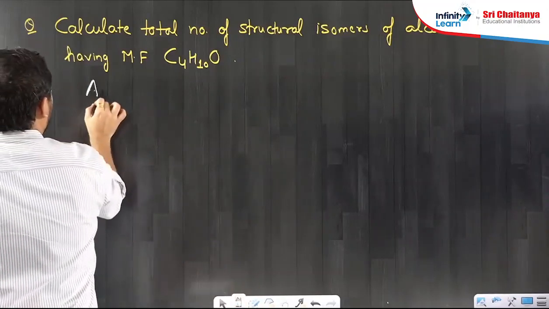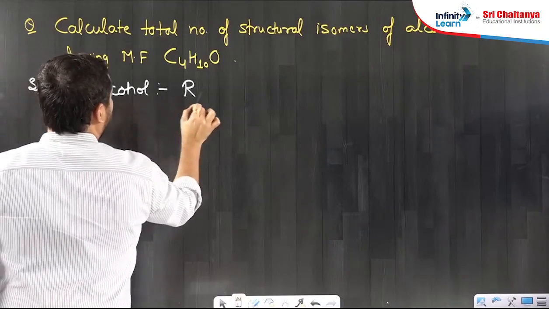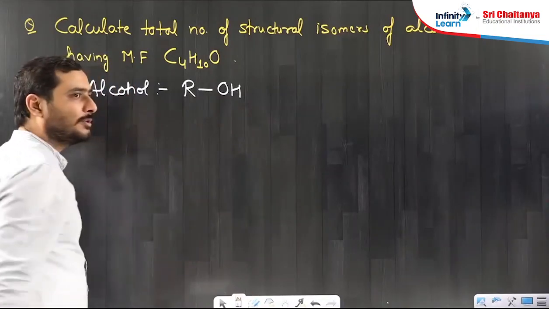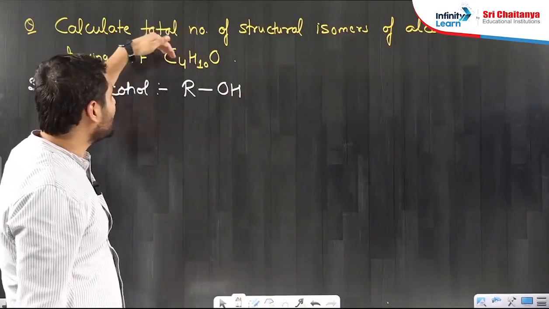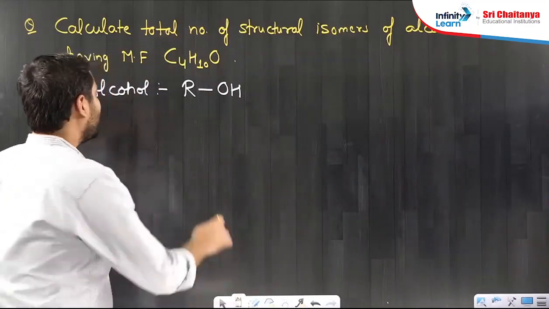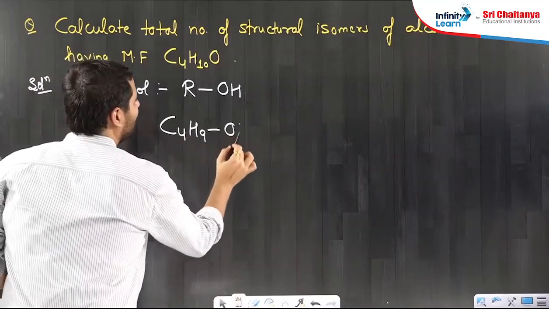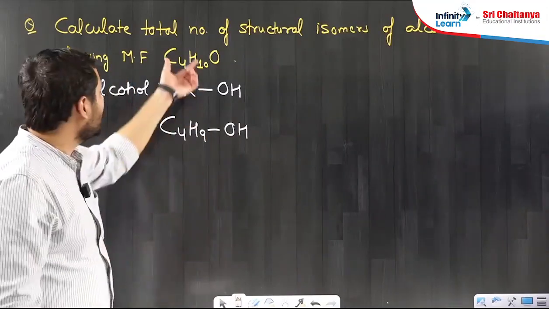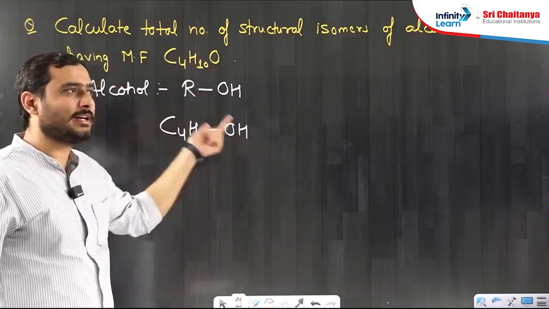Which functional group is alcohol? The alcohol functional group is ROH. We all know that the OH functional group is called the alcohol functional group. Now in this formula C4H10O, can we represent this as C4H9 and OH? C4H10O can be written as C4H9 and OH group.